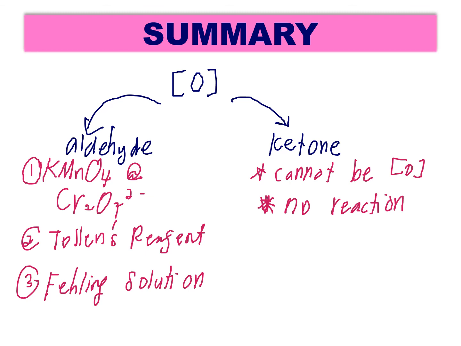And third is Fehling solution. When Fehling solution reacts with the aldehyde, it will change from blue color to a reddish brown precipitate. For ketone, it cannot be oxidized, so it means it cannot react with either permanganate, Tollens reagent, or Fehling solution. Okay, so that is the summary for oxidation reaction.